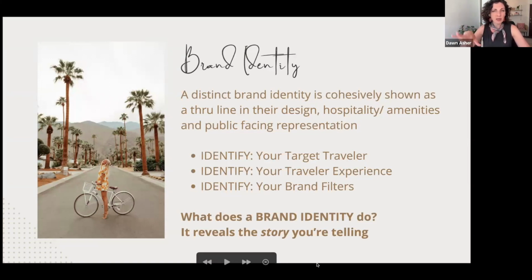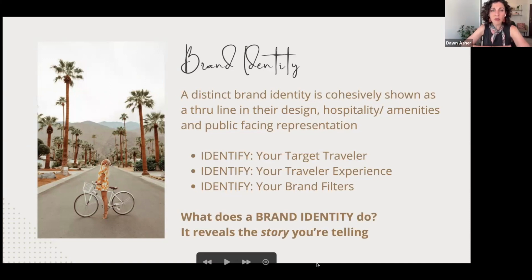If what they're looking at on the page has a discombobulated set of colors, a mix and match of different aesthetics, then they're not really sure what this experience is. They're also not going to feel drawn to your property because it feels so disoriented. When anyone's viewing any brand, they're looking to connect to something, and without a distinct identity, you can't really know if you can connect to it. You can't feel a draw and a pull towards that brand.